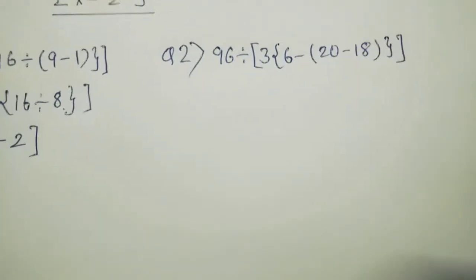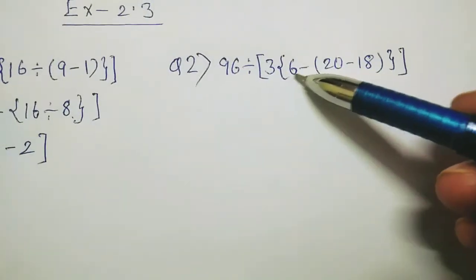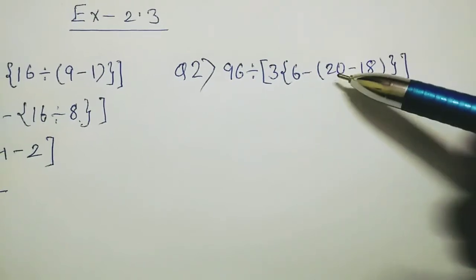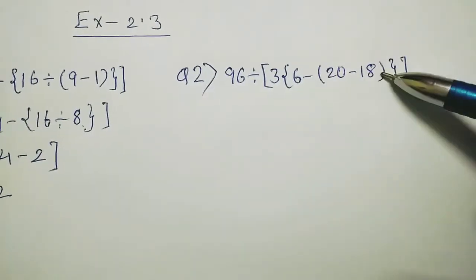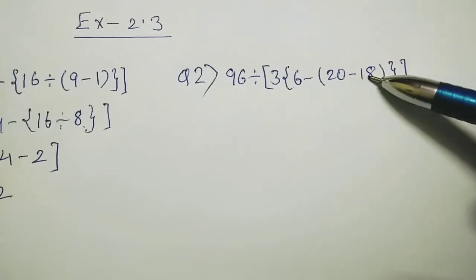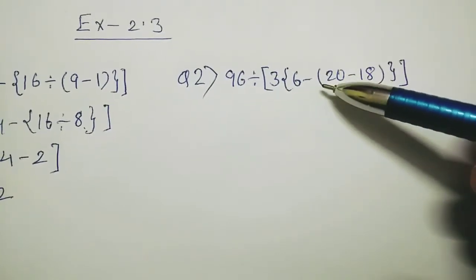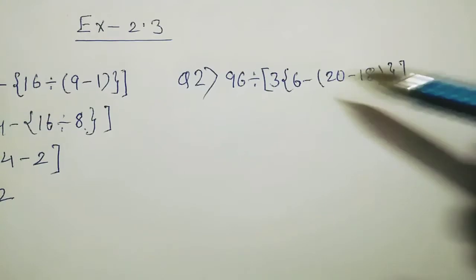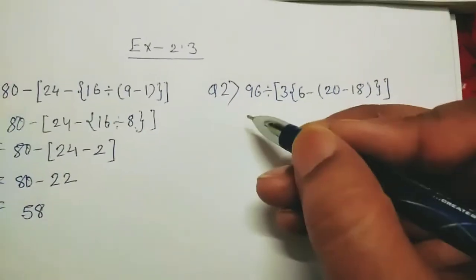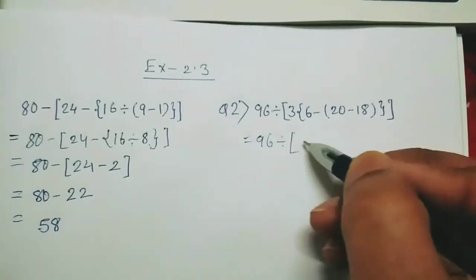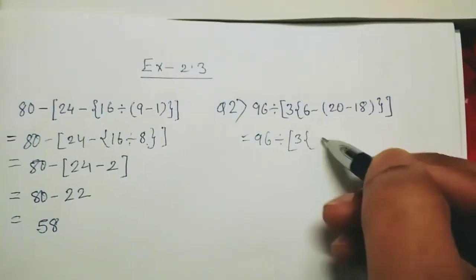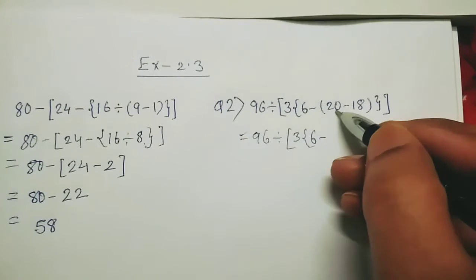In question number 2, here also you can see the brackets are given, all three brackets are there. So first of all, we'll start by solving the small bracket. So 20 minus 18, we will solve it first. Always remember, always first solve the small bracket. Okay, so let's start. 96 divide 3 into 6 minus 20 minus 18.